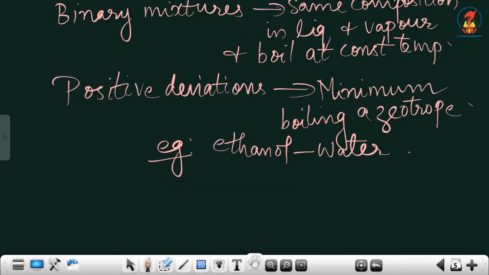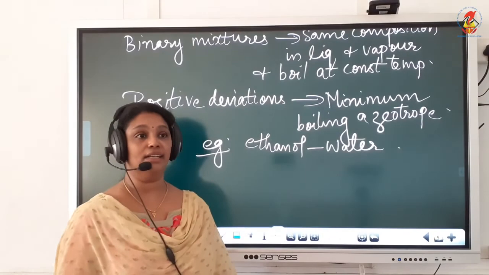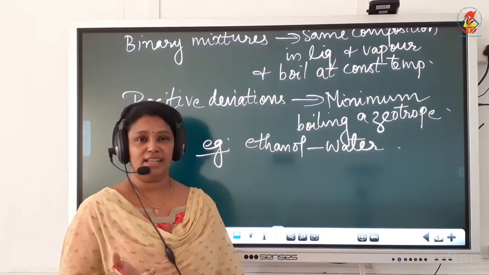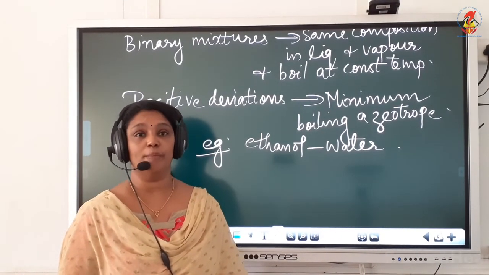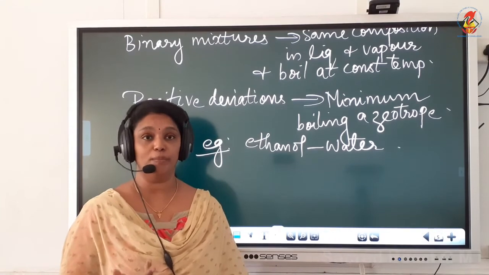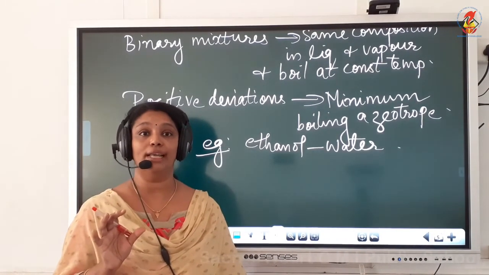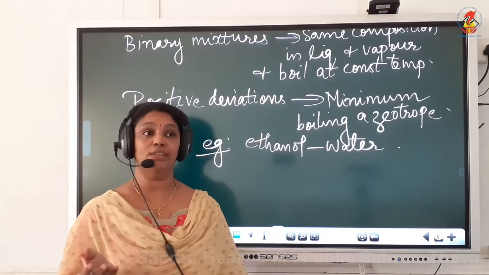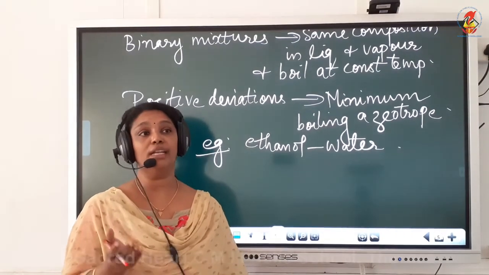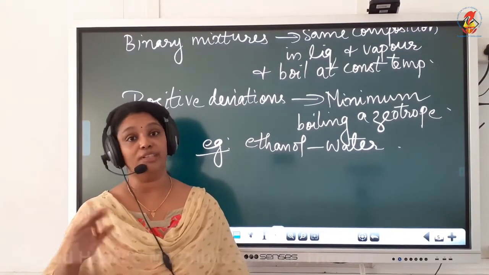Ethanol water mixture. So we know that when ethanol and water mix together and are heated, at some point we get an azeotropic composition. Azeotropic composition means that the ethanol water mixture will boil at the same temperature. Ethanol has a different boiling point and the boiling point of water is also different.